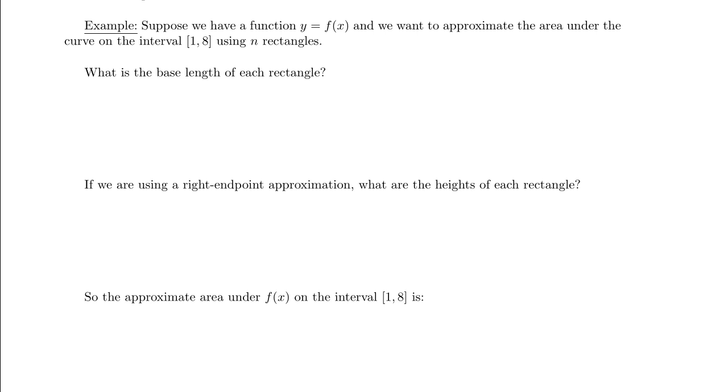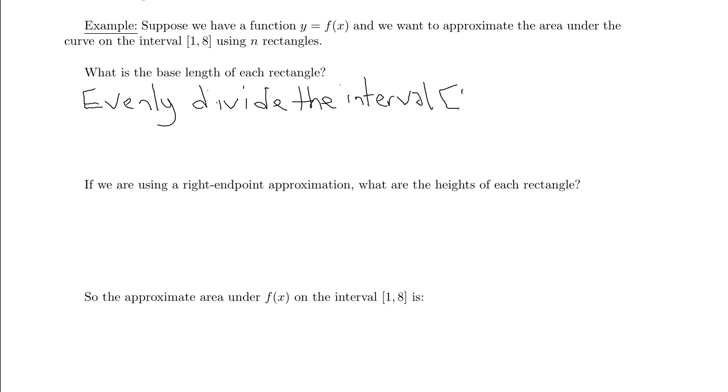If we remember the first step, we want to evenly divide the interval, so our interval is 1 to 8, into n pieces. So the key is we want the base length of each rectangle to be the same, so we divide our interval into equal size pieces.